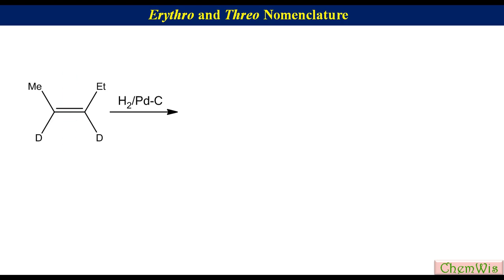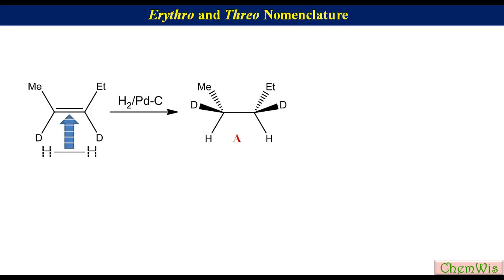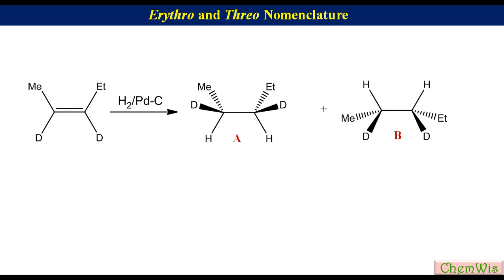Hydrogenation from above the plane of the molecule will give structure A, while addition from below the plane of the alkene will give structure B. Both A and B are in eclipsed conformation, and in both A and B, the two deuterium atoms are on the same lateral side.